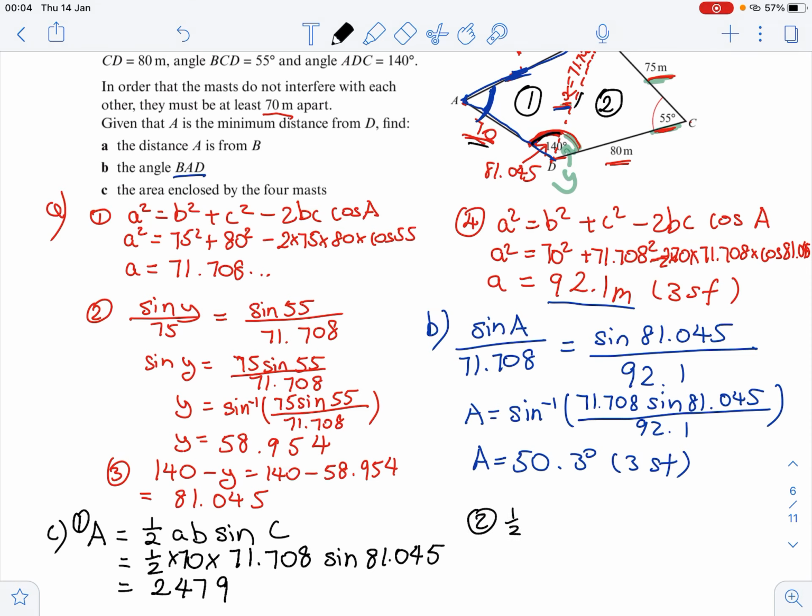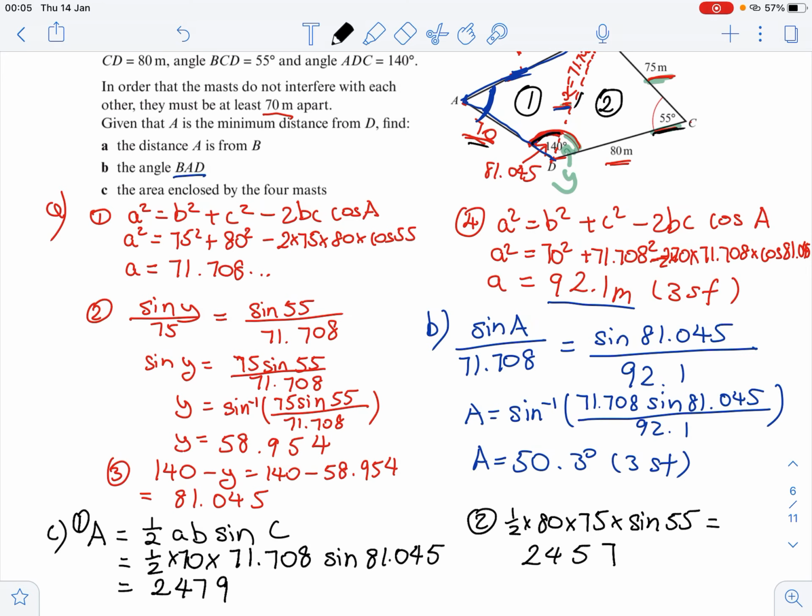You have half multiplied by 80, multiplied by 75, multiplied by the angle in between, sin 55, and this is equal to 2,457.